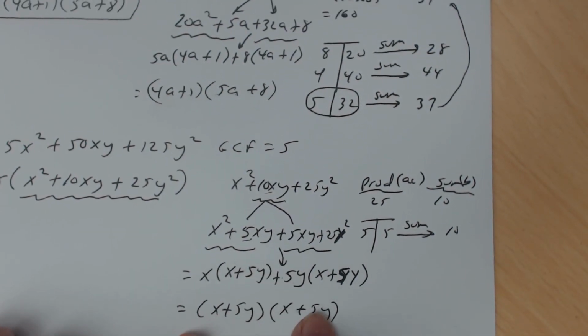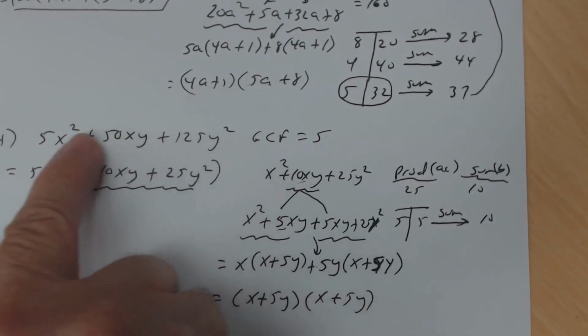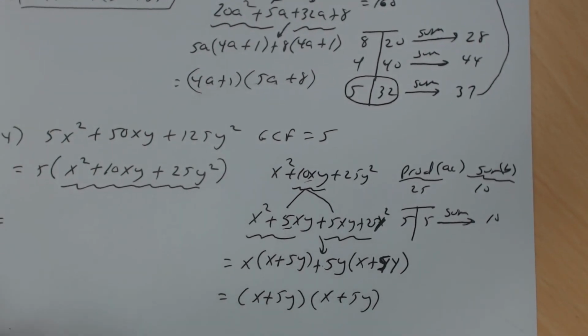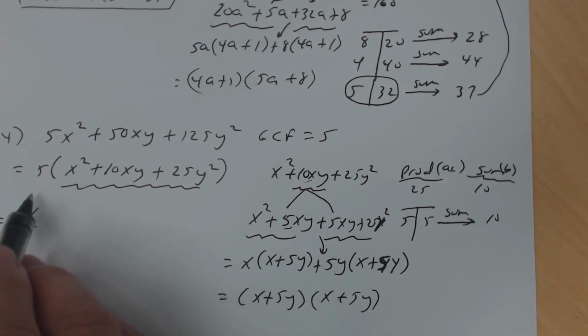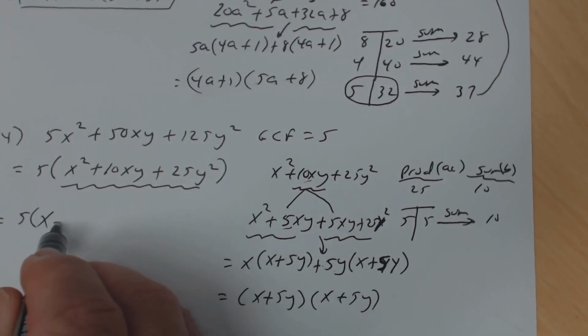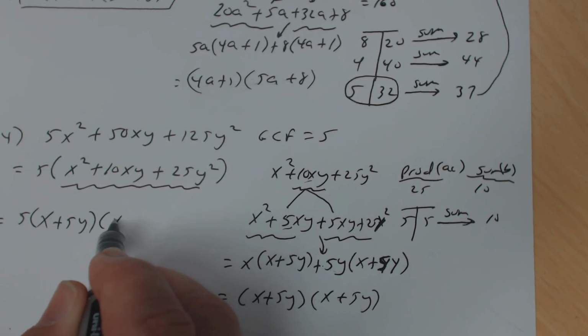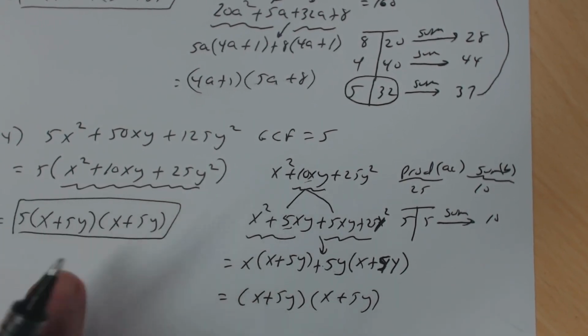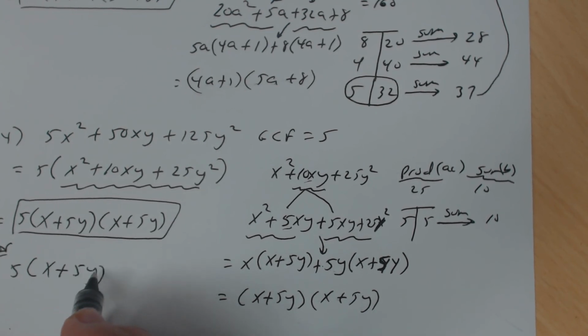But remember, that's not the answer because you originally took out a 5. So your GCF is 5, so that's got to be part of your answer. So I'm going to get 5 times x plus 5y times x plus 5y. Or since these two factors are the same, you can write it as 5 times x plus 5y to the second power.